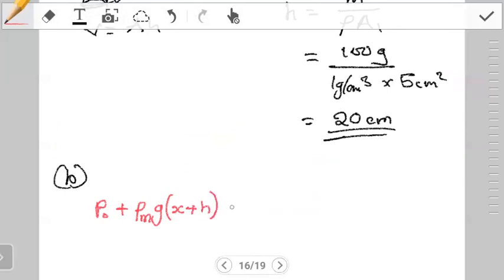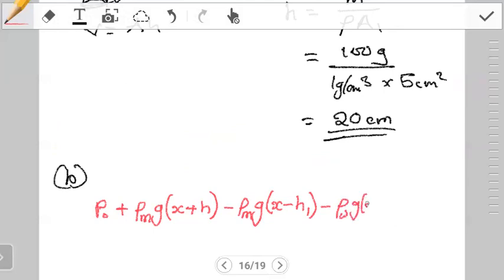On the other side, the arrows which are opposite give me a negative, so I first find the pressure due to mercury, which is rho m g, and the height here reduced by h1. Next, I find the pressure due to water, also in the opposite direction, so that is just rho water g.